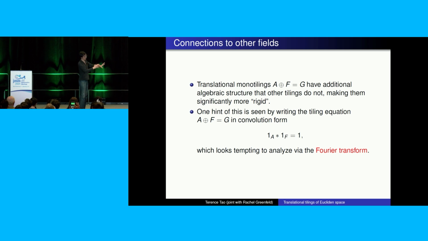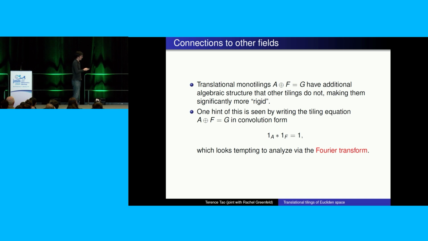And then there's the more analysis and probability side of mathematics, where things are very random, there are very few constraints, and things are very non-rigid. And translational tilings are somehow in between. They have a lot of algebraic structure, but not as much structure as you'd see in a group or a representation. They're not so rigid that you can hope for a full classification, but they do have unexpected structure.